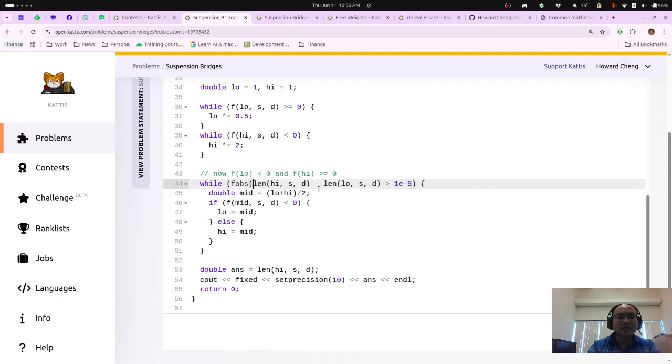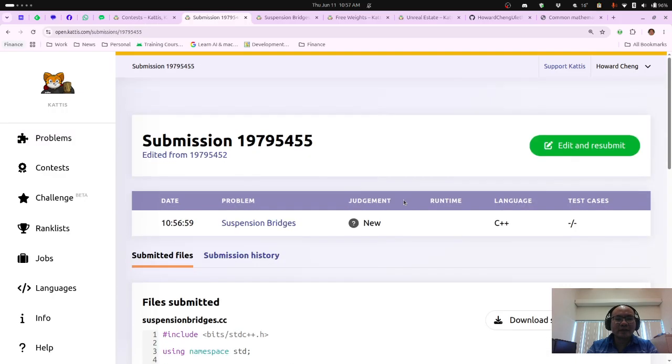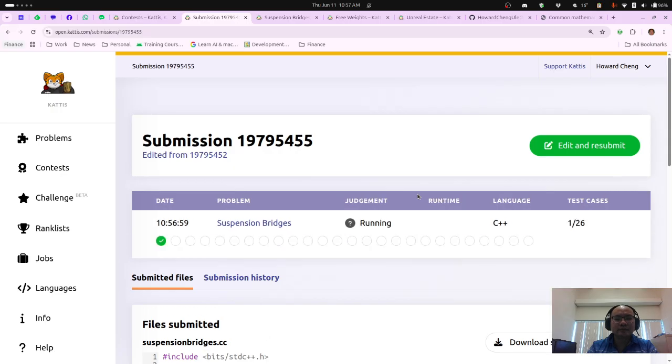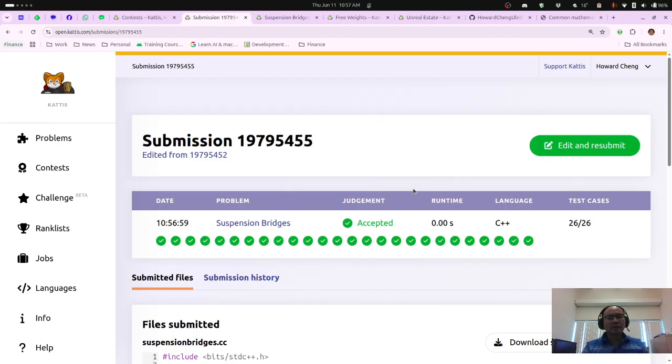So I need to take the absolute value, because it may not be that length of the high is actually bigger than length of the low, and that might actually be negative. And there it is.